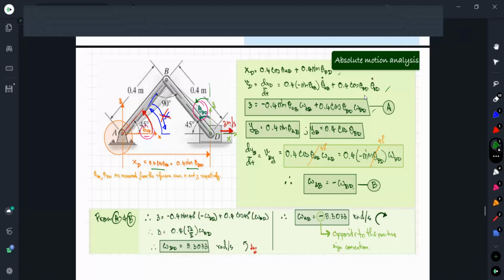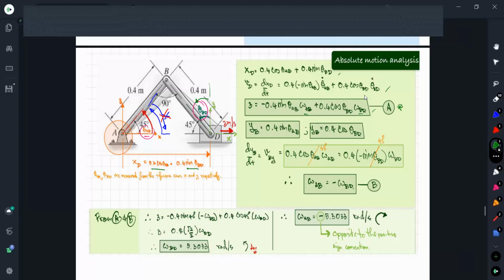We change theta AB dot and theta BD dot to omega AB and omega BD respectively, and then we keep it like this.